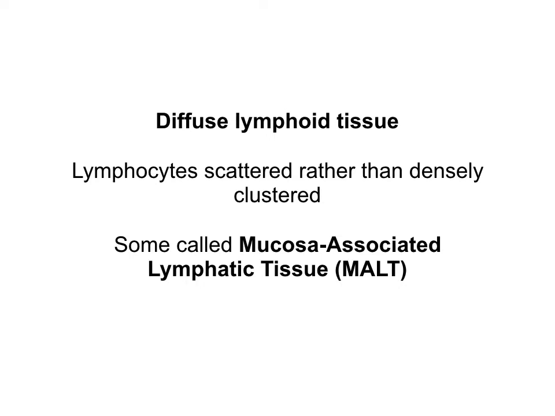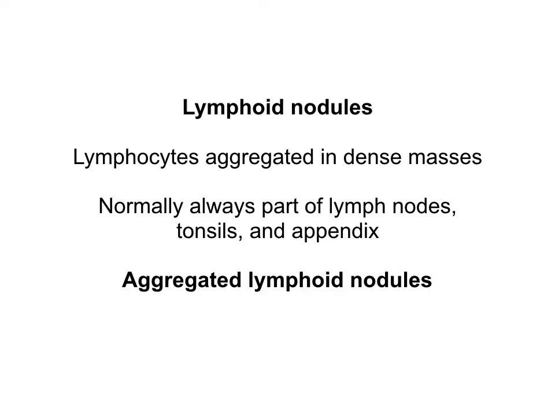Now, some of your diffuse lymphoid tissues are classified as mucosa-associated lymphatic tissues, or MALTs. The reason they're referred to as mucosa-associated is that you find them in the mucous membranes of passageways open to the exterior. So they're found in the mucous membranes of the respiratory tract, digestive tract, urinary tract, and reproductive tract.